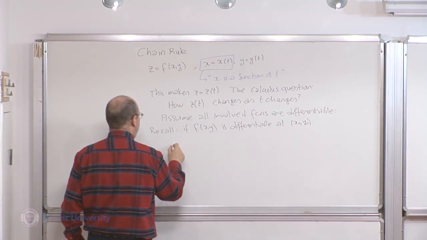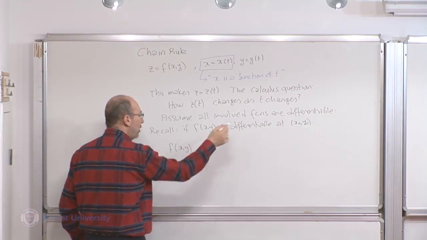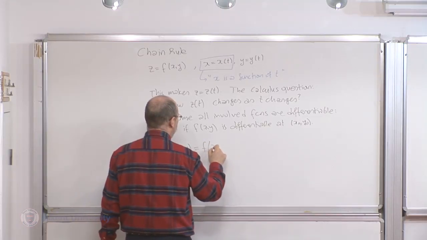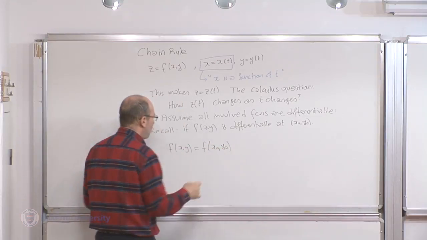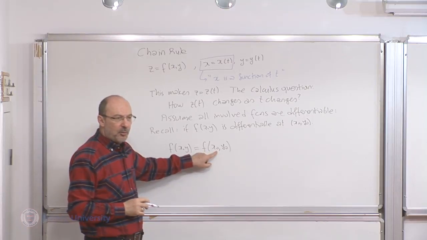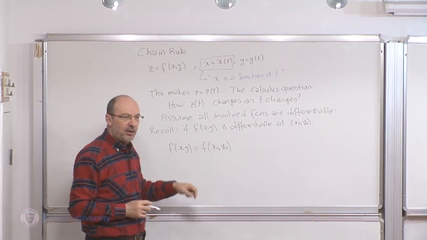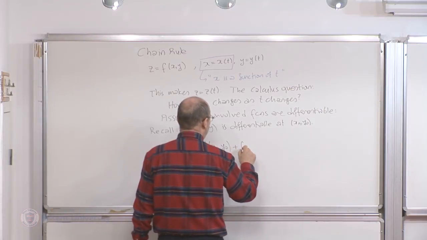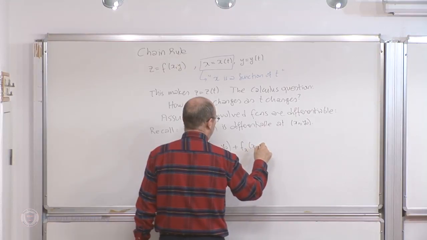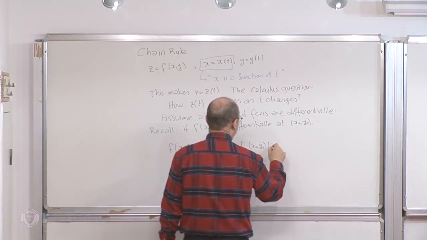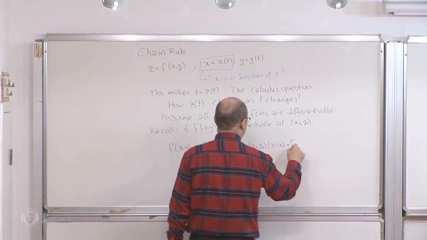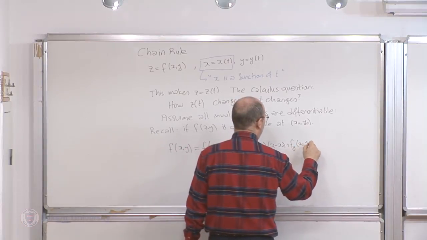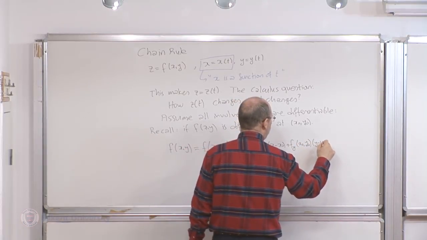Then we have f of x, y near x sub 0, y sub 0. This value can be recovered like this. Of course, first you obtain the value at this point. Then to obtain this, you move a little bit around. And if f is differentiable, we know exactly how to move around. You take the derivative with respect to x at x sub 0, y sub 0 and multiply it by x minus x sub 0, plus the derivative with respect to y at x sub 0, y sub 0 times y minus y sub 0.